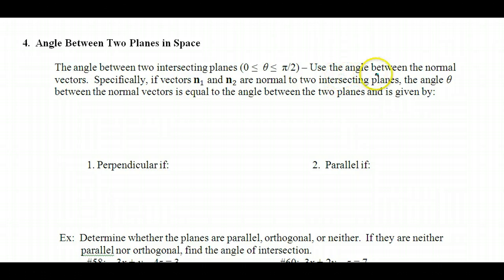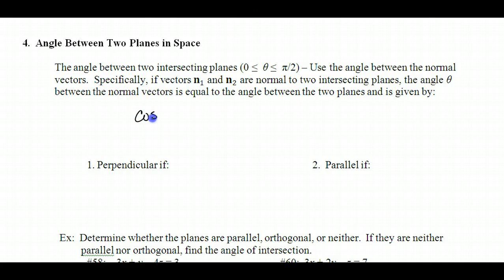And we'll be finding the angle between our normal vectors. Specifically, if vector n sub 1 and n sub 2 are normal to 2 intersecting planes, the angle theta between the normal vectors is equal to the angle between the 2 planes, and is given by this equation.